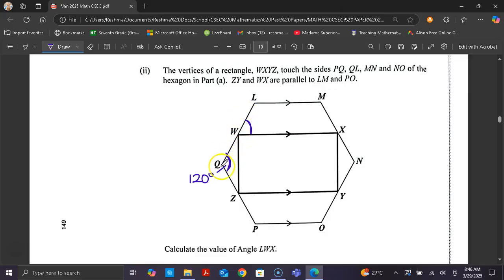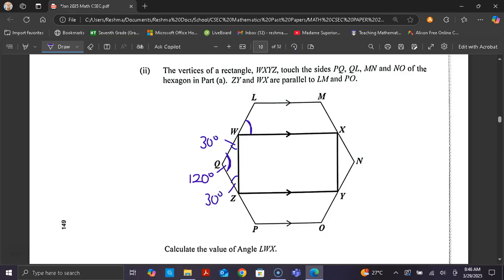So it means that this triangle WQZ is isosceles. Alright, so therefore if this is isosceles, then these two base angles in this triangle would be equal. So 180 take away 120 is 60, divided by 2 is 30. So each of these angles here is 30 degrees.